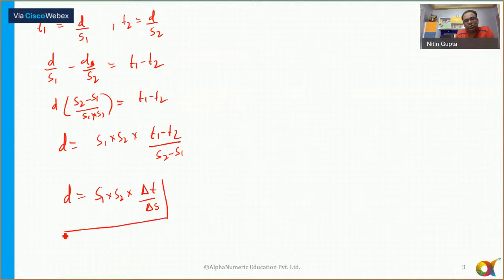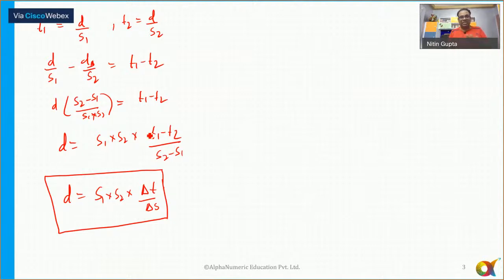And I can write it this way. A very, very important result with the help of which you can solve a difficult question within seconds. And believe me when I say within seconds, yes, you can solve it within seconds. The question which usually takes 3-4 minutes can be done within a minute.